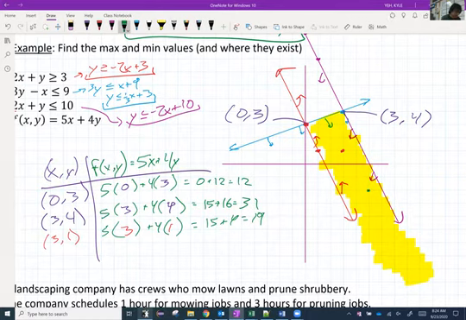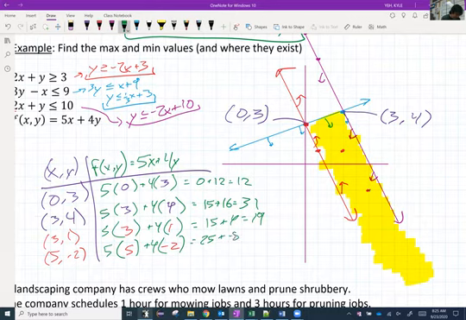I'm just plugging in to see what is happening to my objective function as I go down. 5 of that plus 4 of that equals 25 plus negative 8, so minus 8 is 17.